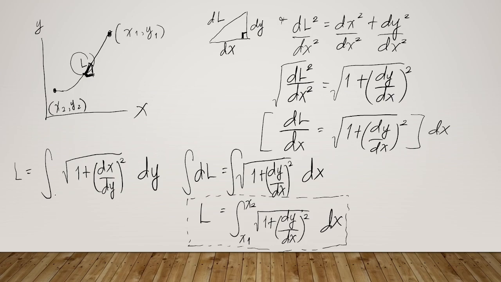Since dy yan, this is from y sub 1 to y sub 2. And that is the formula of arc length kapag ang hinahanap mo ay naka in terms of x, and ito namang isa ay naka in terms of y. Okay? Kindly copy first. Mamaya, solve natin ang different examples na ibinibigay.